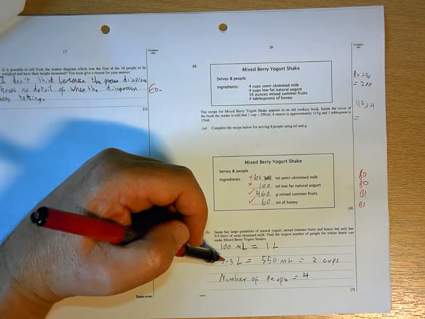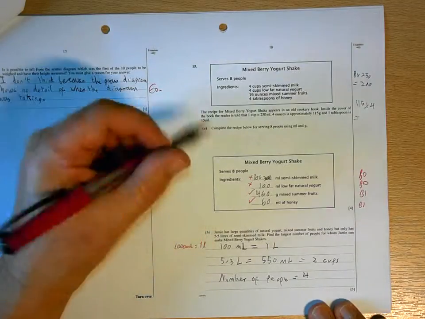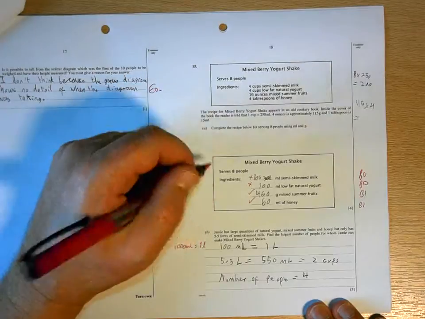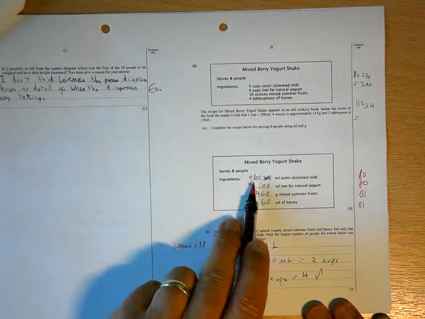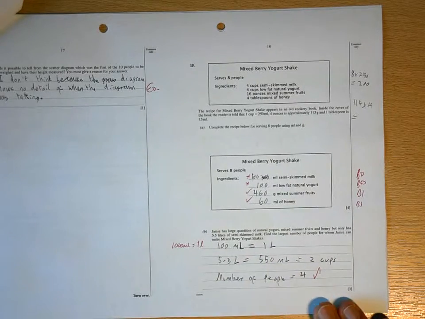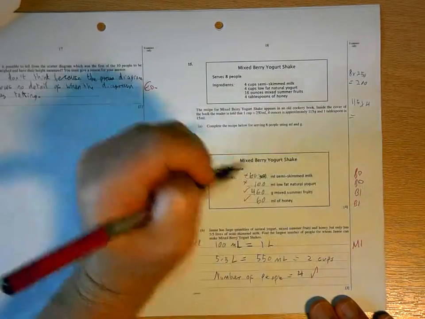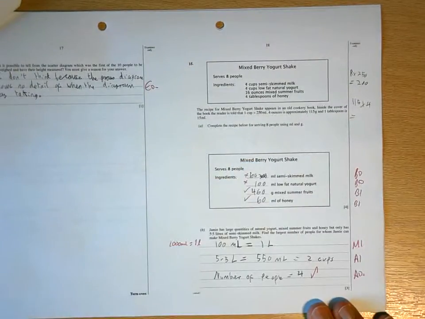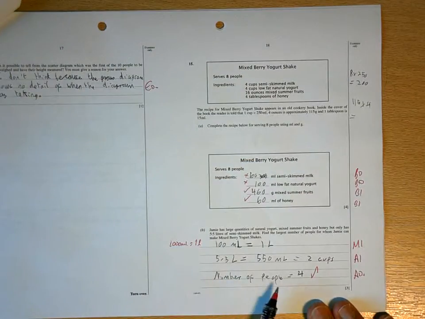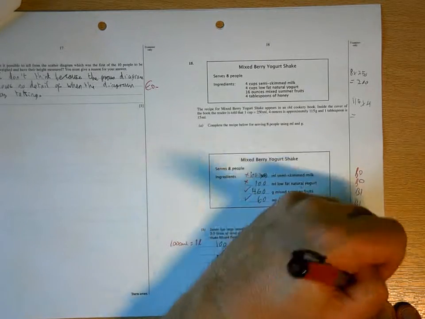So 2 cups serves 4 people, which for yours it does. Okay, but those being wrong has sent you haywire there. So your method is right, but you're not going to get all the marks for that. So total for the page 4.